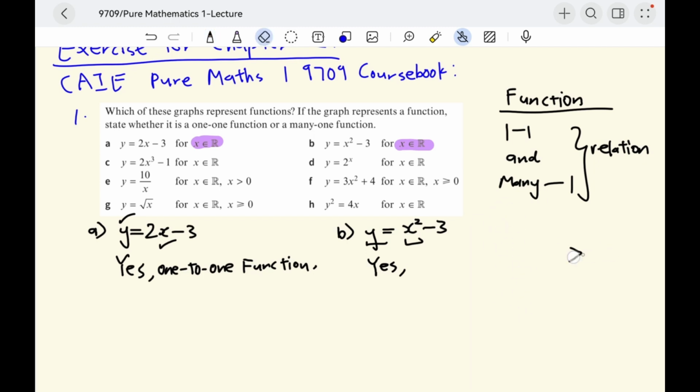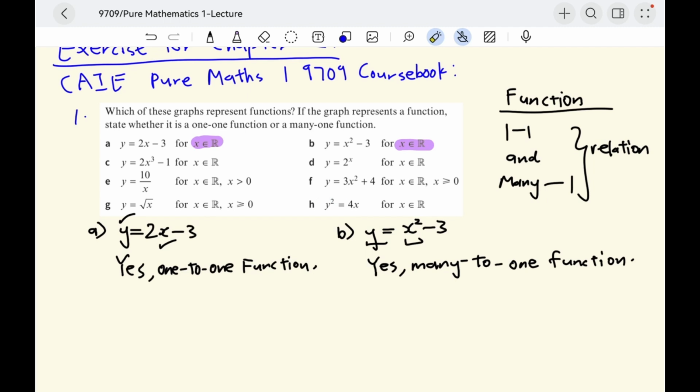So this quadratic is a function and it is a many-to-one function. Why is it many-to-one? Because two objects have the same image. Fundamentally, when you let y equal 0, you will solve x as two solutions, two roots, so it is a many-to-one function.